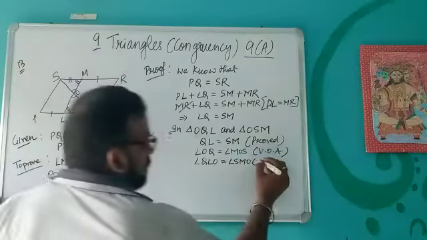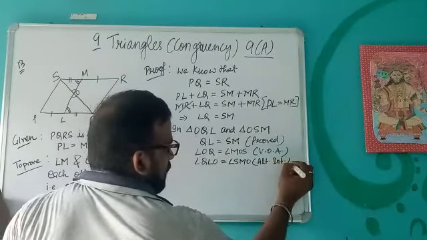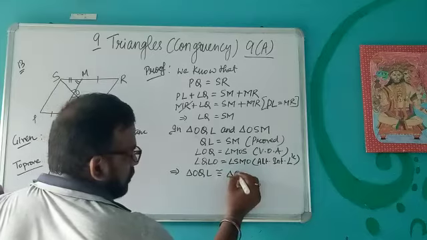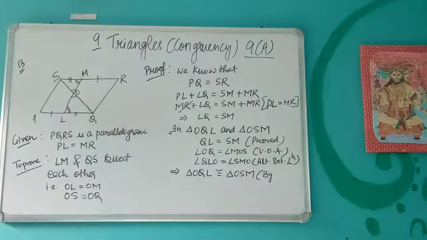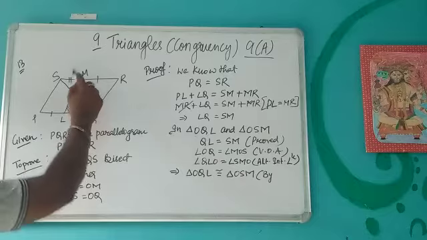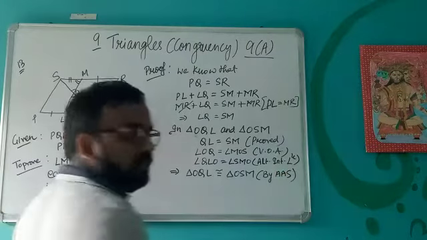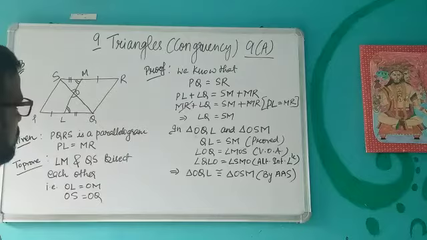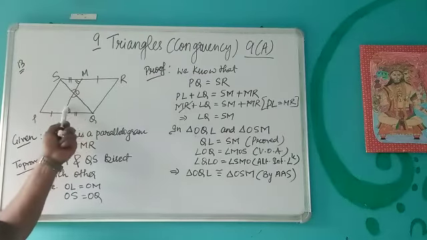So these two triangles become congruent by which criteria? See, angle, side, angle. Okay, so we have used the properties of parallelogram. These two lines are parallel to each other, so these two angles become equal to each other.